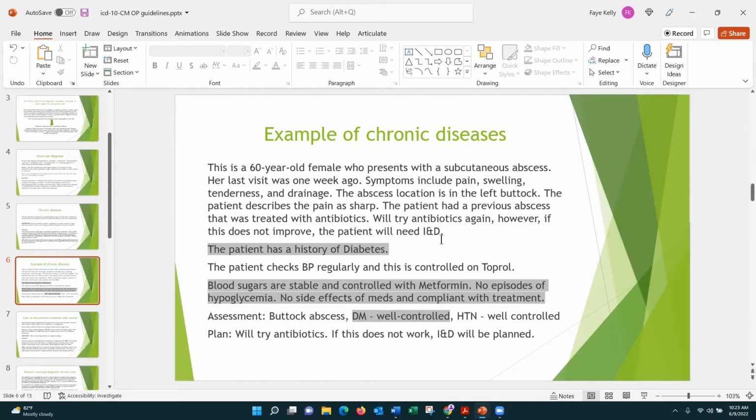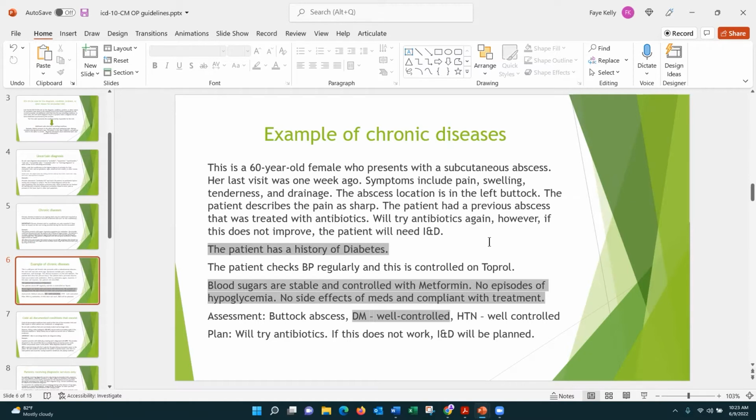Are we going to code the diabetes? Yes. What I want you to see here is that history of. Don't let that trip you up, because this is exactly how they word it a lot of times. What that physician is thinking is that it is a condition that the patient has had for a length of time.